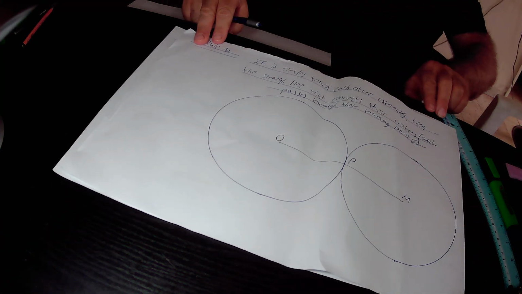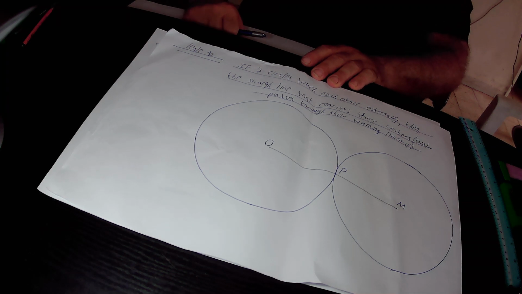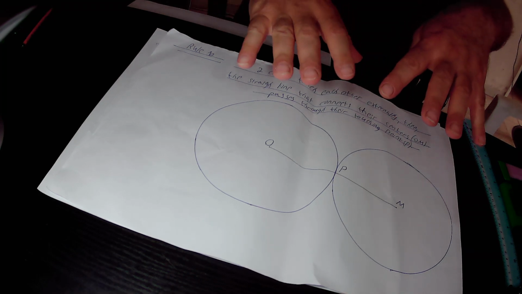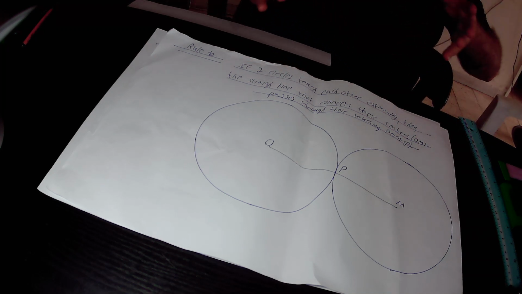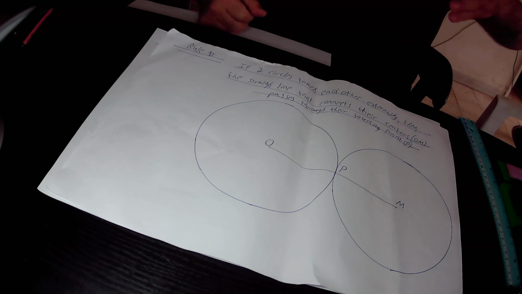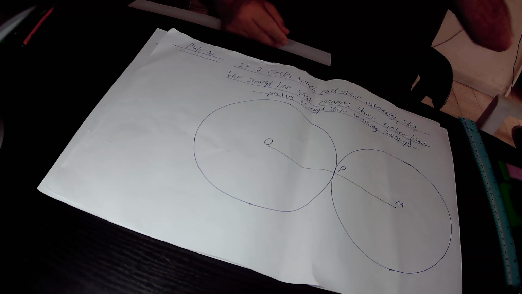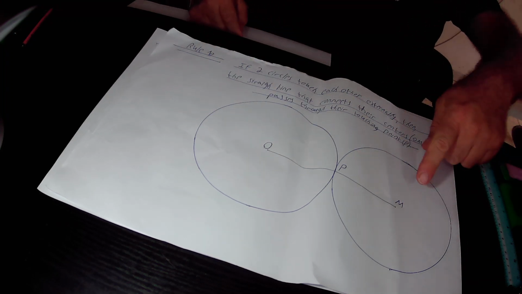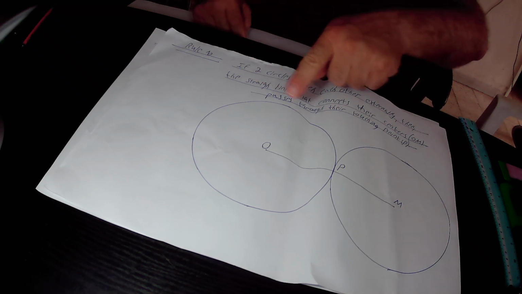According to Rule 10, if two circles touch each other externally, then the straight line that connects their centers together passes through their touching point. So in the drawing we have two circles. Those two circles touch each other externally at point P. The center of this circle is here at point O. The center of this circle is here at point M. And the straight line that connects their centers together is of course the straight line OM.